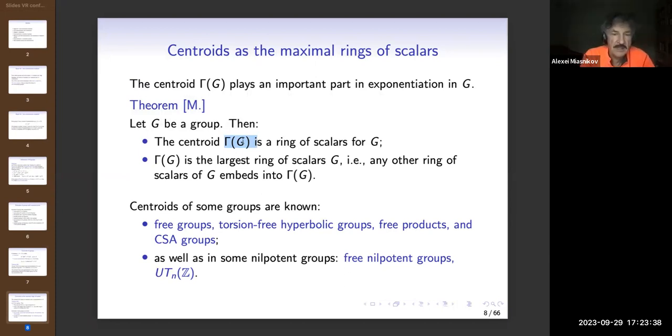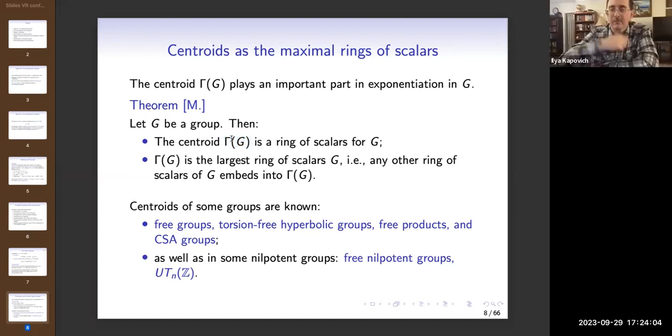But when you take the R-completion of G, it will be a different centroid because the group is different, G to the R. So it will be different centroids and so on. But I suspect that the centroid of this group, gamma of G, is related to the centroid of the group G to the R-completion. They're very much related, in many cases at least.